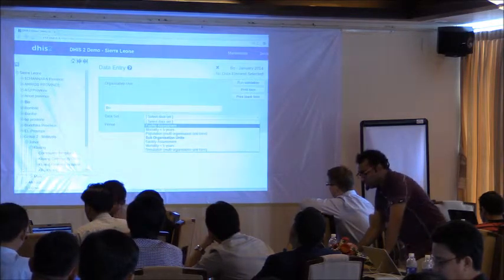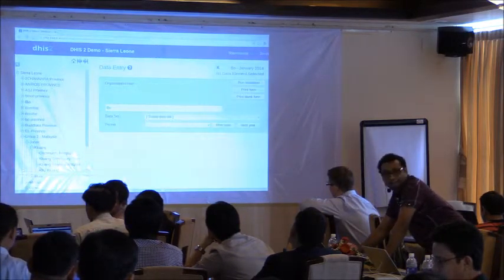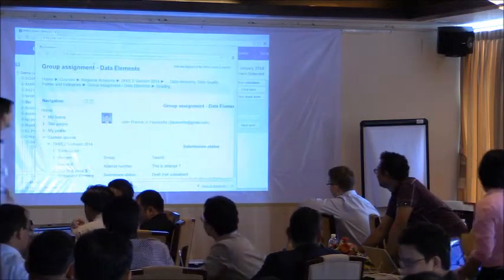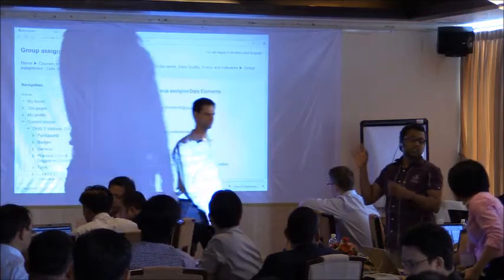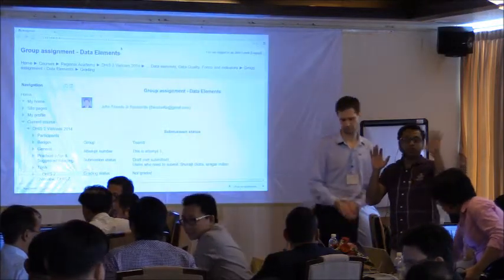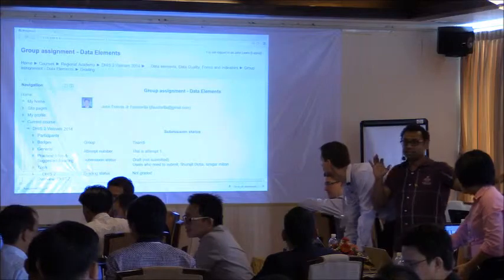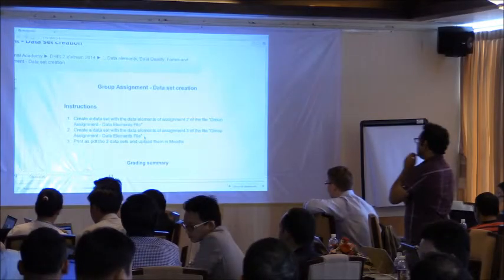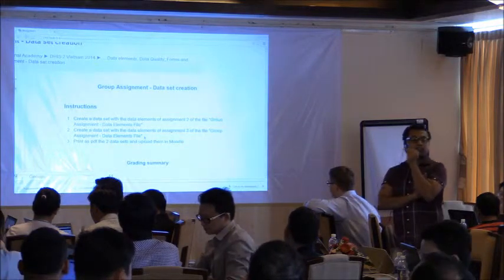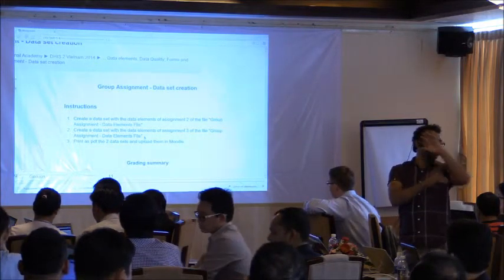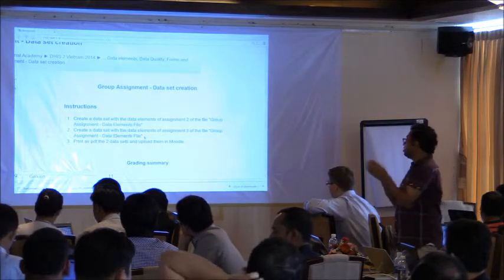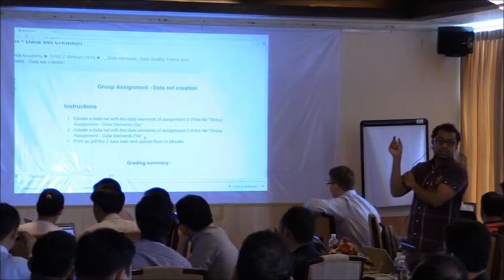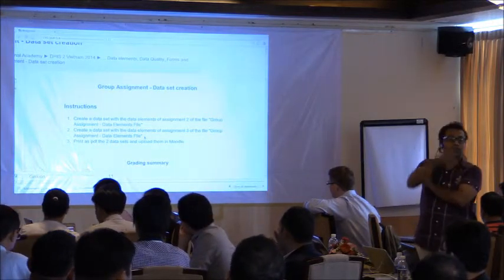Okay, now quickly I'll tell you about your assignment. It's very simple. This assignment should not take long, because if you have finished your earlier assignment, this assignment takes 5 minutes. So for your assignment 2 and assignment 3, for which you have already created your data elements, groups, and everything, just create a data set, monthly data set, and assign it to your org unit which you have created before.